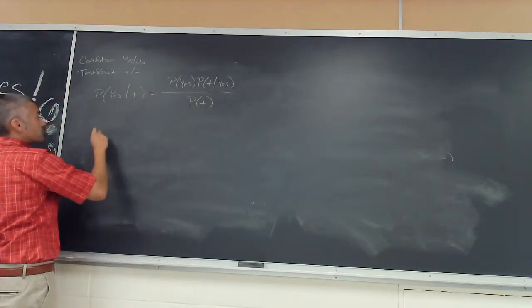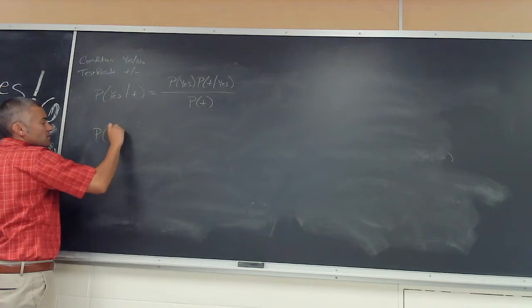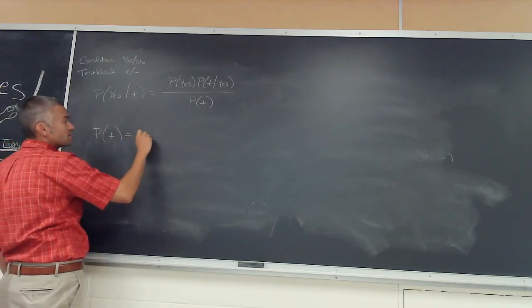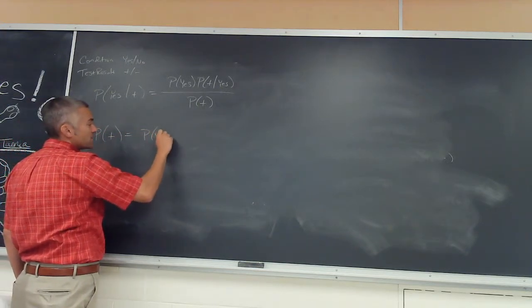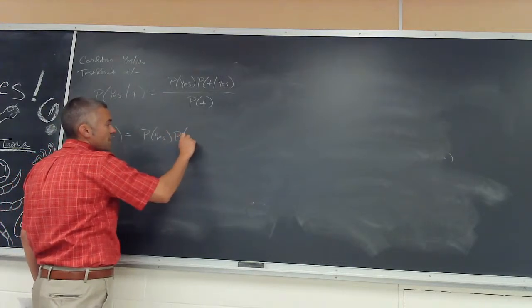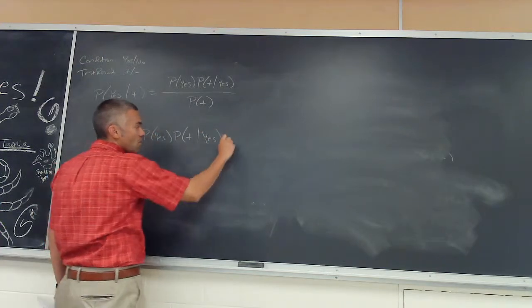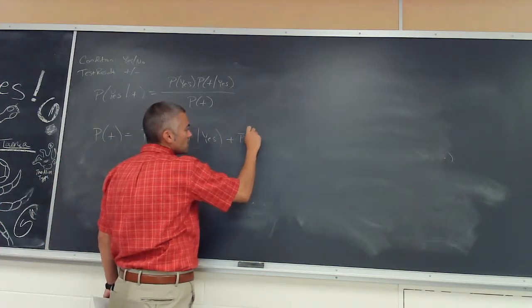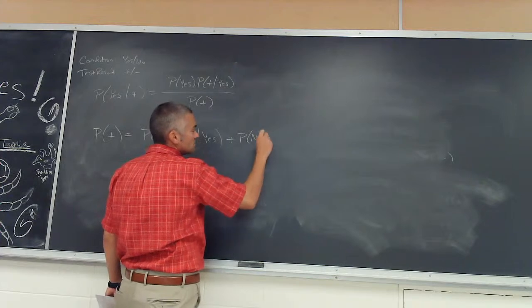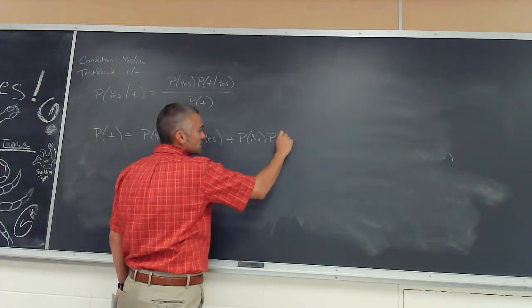Well, what are the ways in which you can test positive? We can test positive if we have the condition, so we have the condition and then we test positive, or we don't have the condition, but we still test positive.